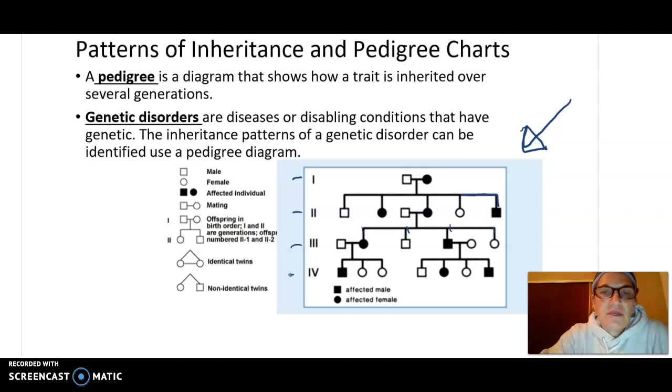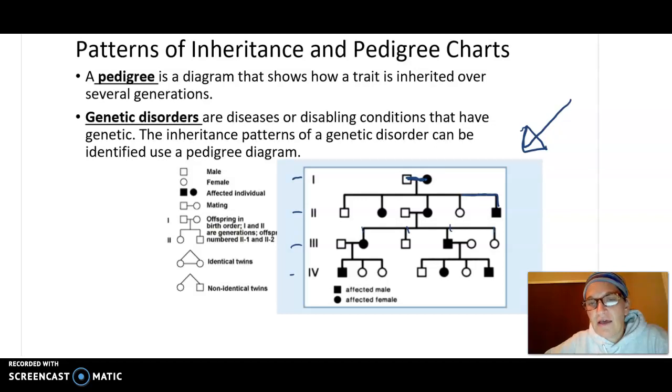So we're going to start looking right up here at this top generation, generation number 1. You see the male and the female, and the line that is directly across from them, going between the square and the circle, indicates mating.